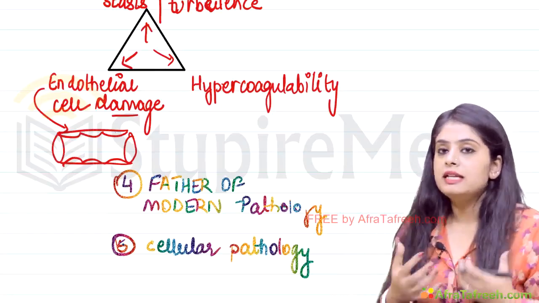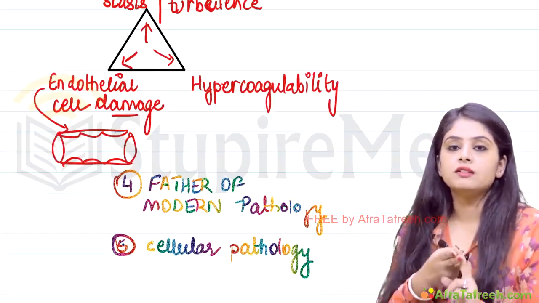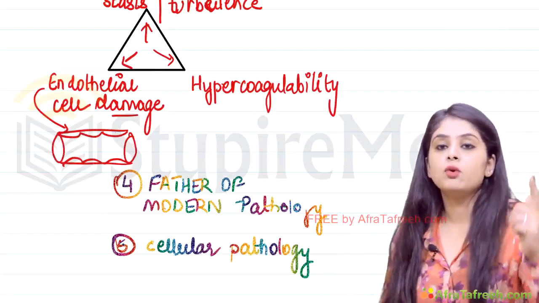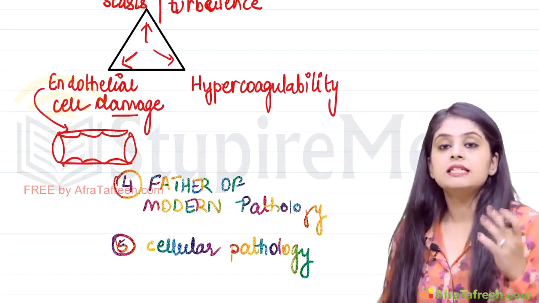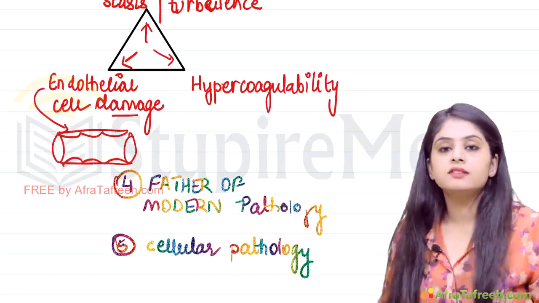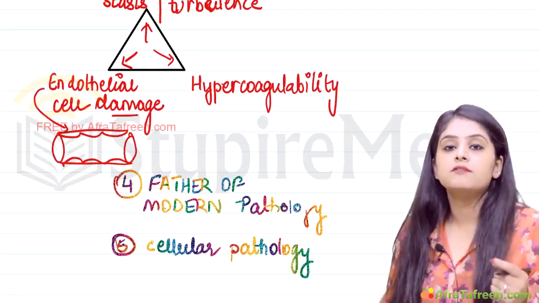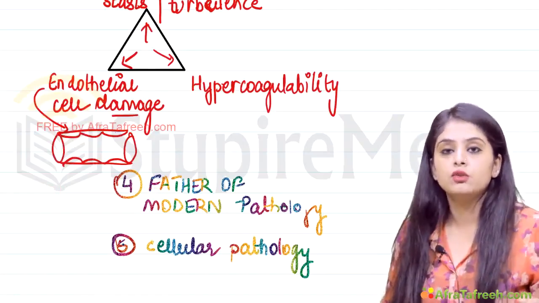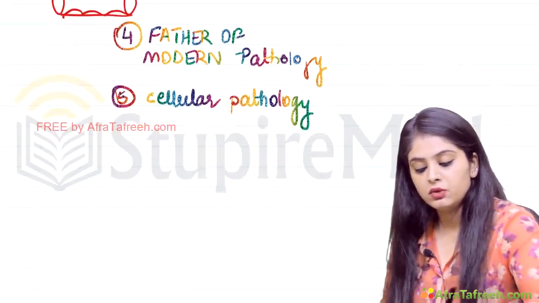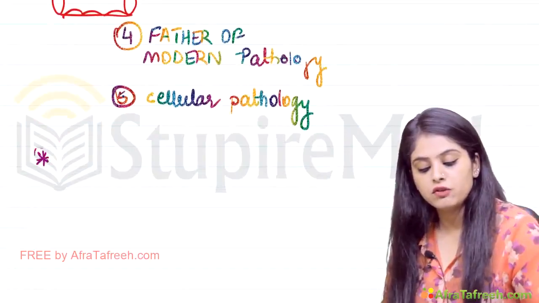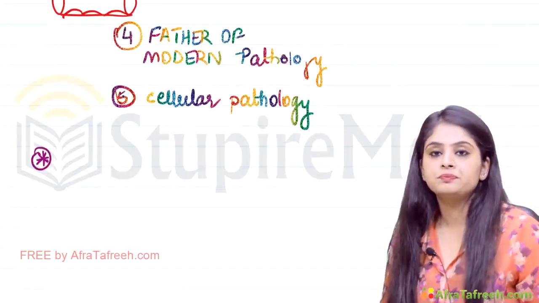Before we proceed, we are dealing with scientists. We've done two scientists over here. The first four cardinal signs were given by, you're right, Celsus. The fifth one and all these things that we've discussed were given by the father of modern pathology, Rudolf Virchow. Are there any other scientists that you need to know in this chapter? Let's finish off all our collateral questions also.